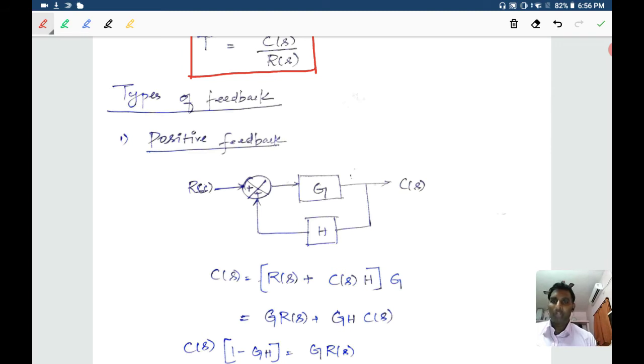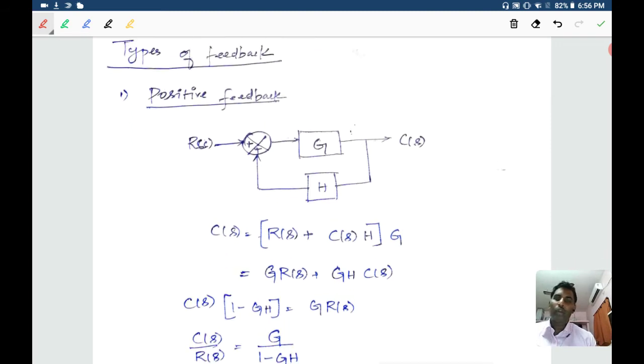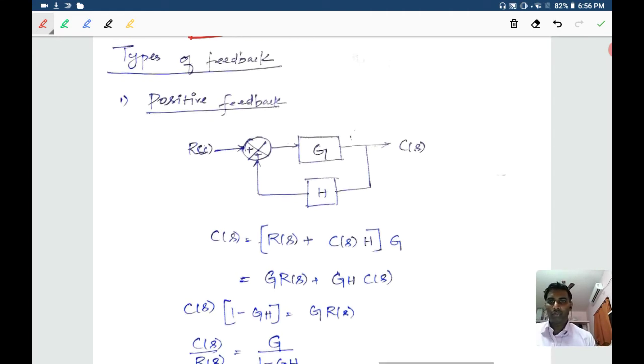Now we'll understand what the types of feedback are. We have seen that in closed loop control systems, we give feedback to the system where the output is fed back to the input using an error detector. Similarly, we have two types of feedback systems: the positive feedback system and the negative feedback system.